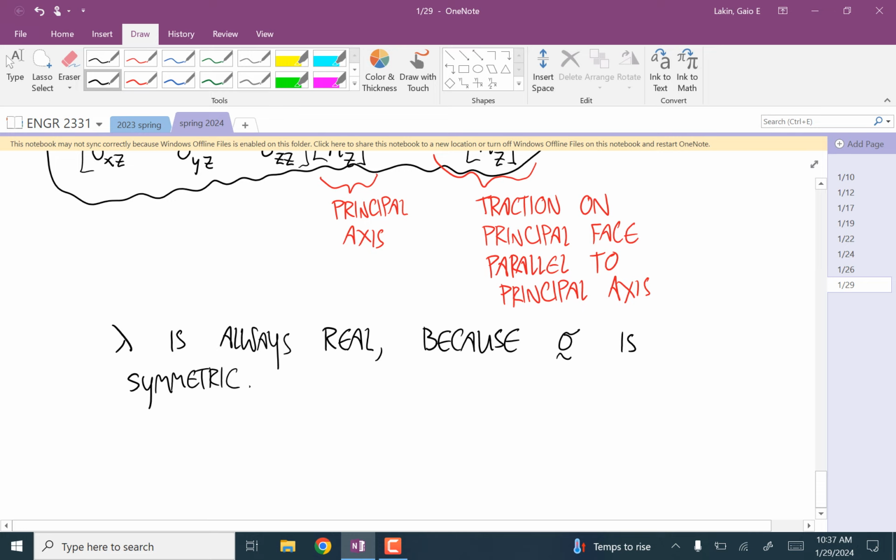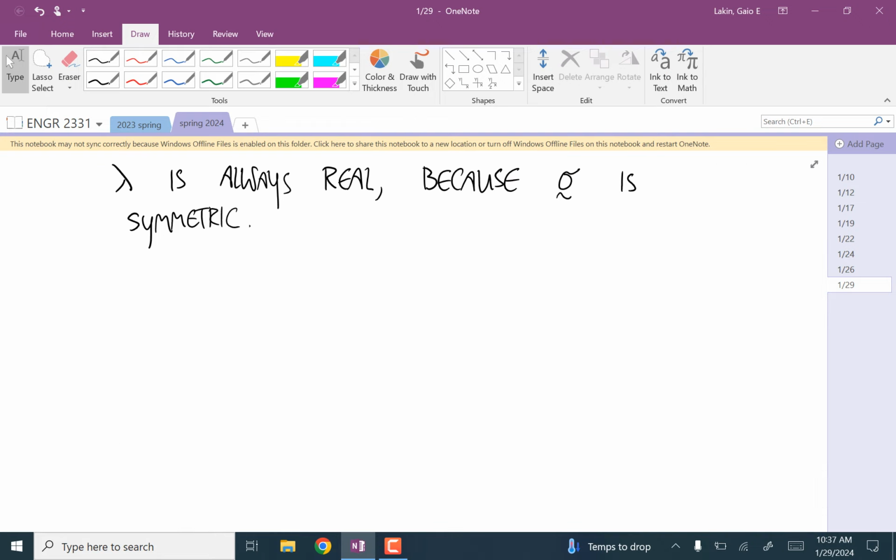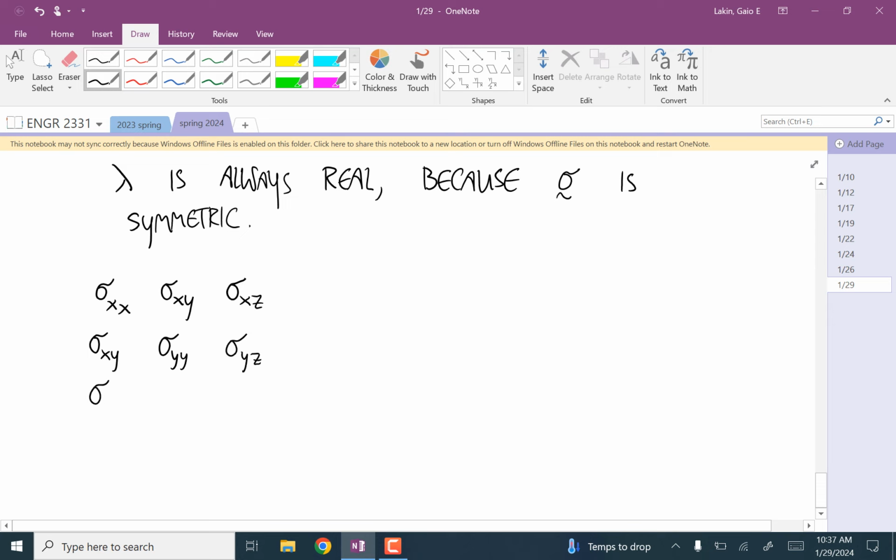Okay, so let's go through this problem. I'm going to write this out here. And we're multiplying that by a unit vector.